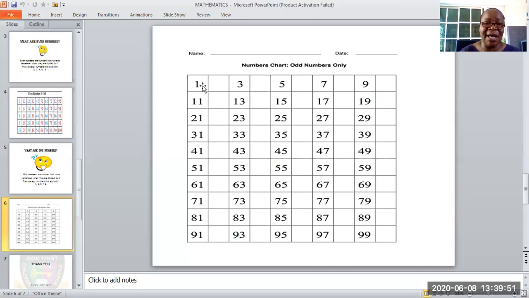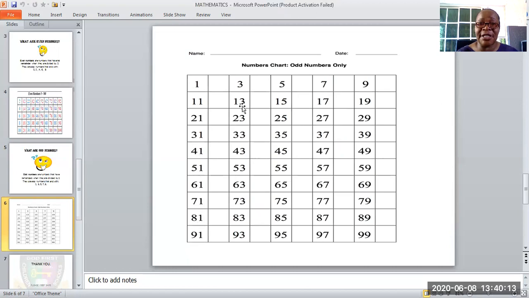If you look at this slide carefully, on the number 1 slot, underneath it we have 11, 21, 31, 41, 51, 61, 71, 81, and 91.